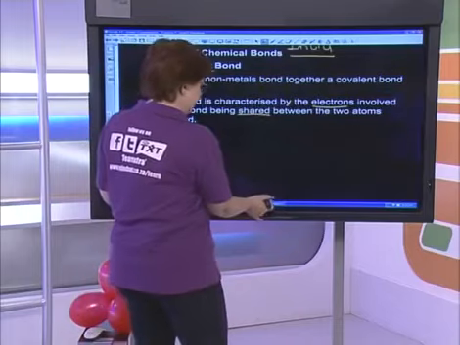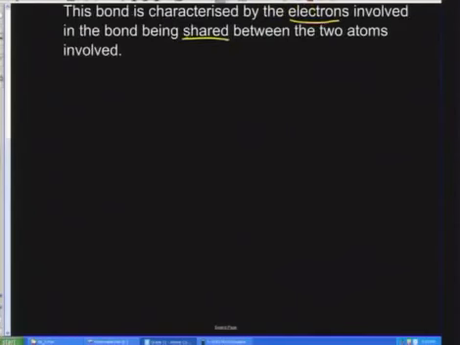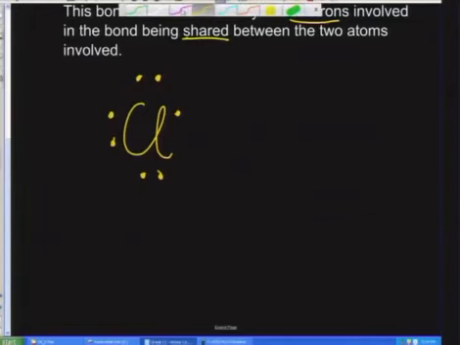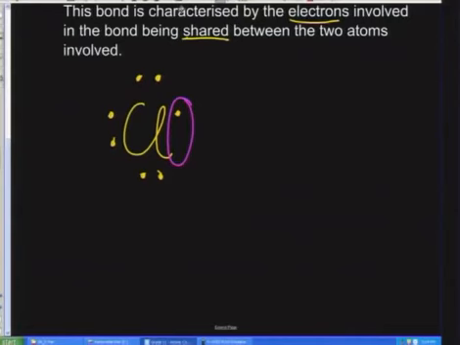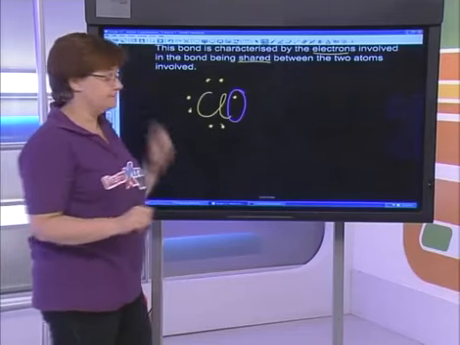So if we look at something like chlorine, and you remember from grade 10, you did Lewis notation. Remember, chlorine is in group 7. Chlorine looks like this, has 7 valence electrons, and over here it has an empty space. In order for chlorine to get a full energy level, it needs another electron.